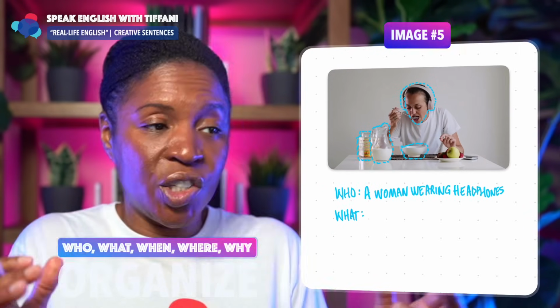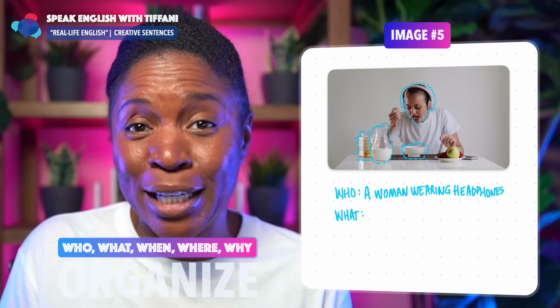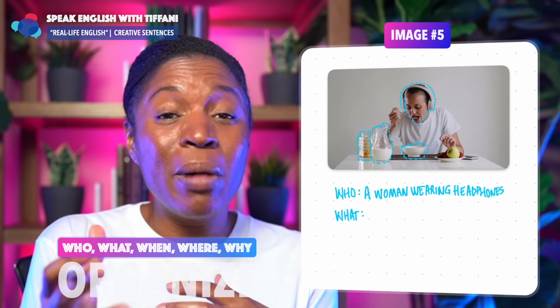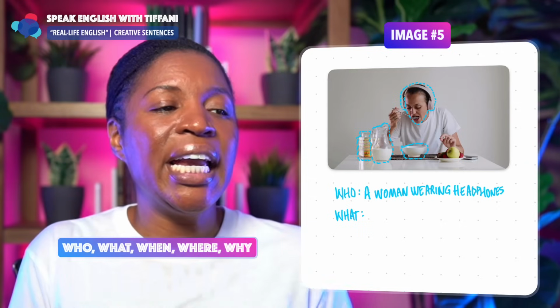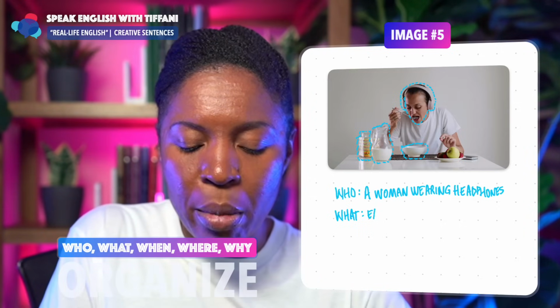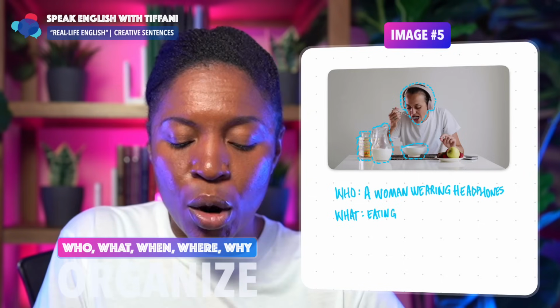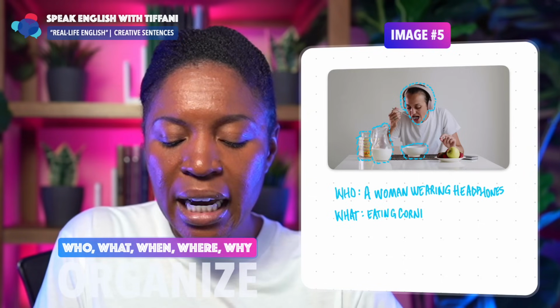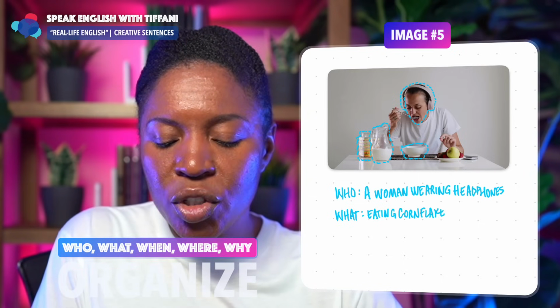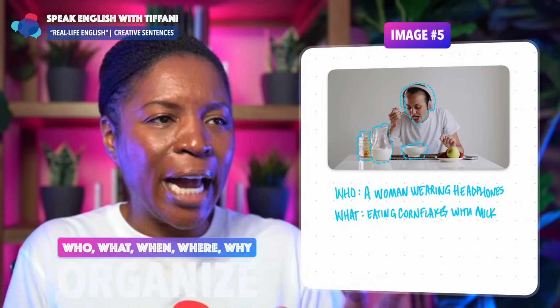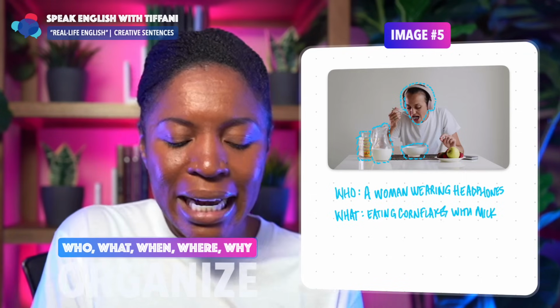So I'm going to say that she's eating cornflakes with milk. Again, being creative. Think about it. You might see something different. I'm going to say eating cornflakes with milk. So those listening, I want you to imagine the woman wearing headphones. What is she doing? Eating cornflakes with milk.